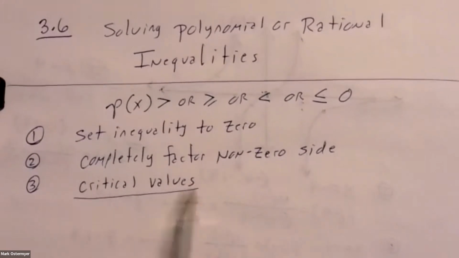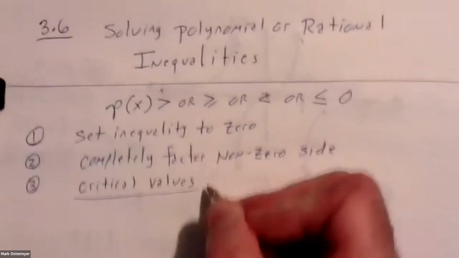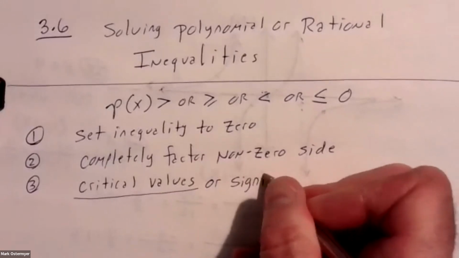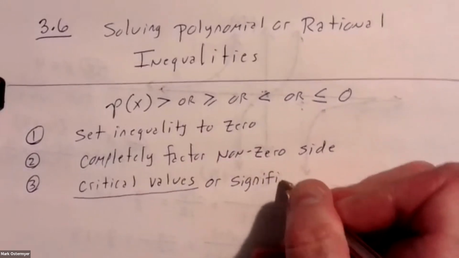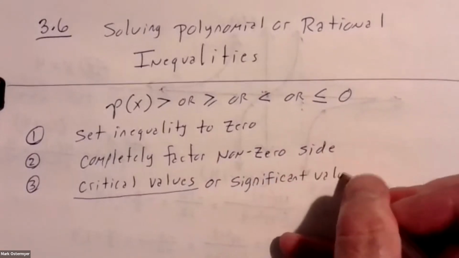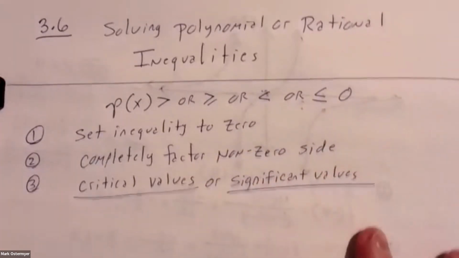But I will call them critical values. Your author might refer to them as significant values. Significant values or critical values.